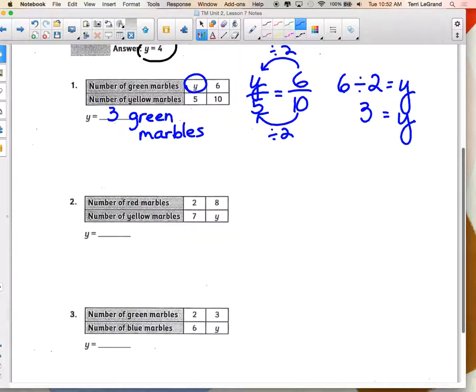So in this case, we were looking for the green, so should we have gotten a smaller number than 5? Because there's supposed to be more yellow, right? Do you think our answer seems reasonable? There's fewer green than there are yellow, just like there is in the other ratio. So yes. So we don't want to just be happy that we got an answer. It was a nice whole number. We want to make sure that it makes sense, that it's reasonable. Okay? Questions?